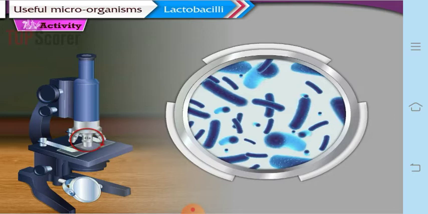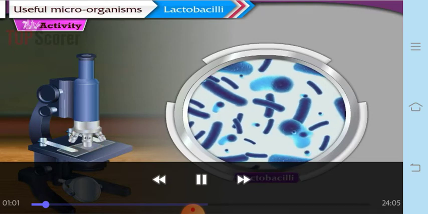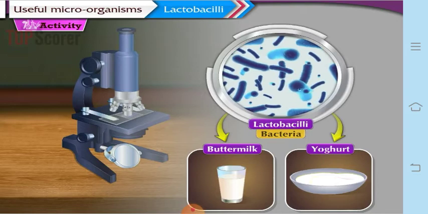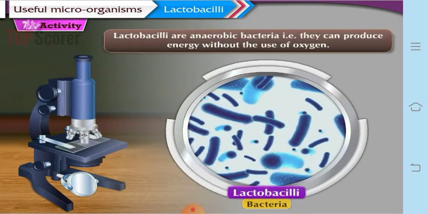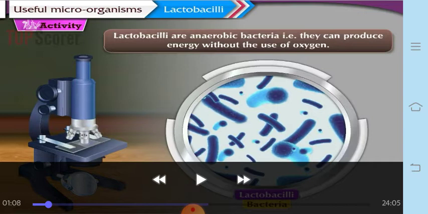Bacilli actually means rod shaped. So these are rod shaped bacteria which are seen under the microscope. They are very minute and rectangular in shape, or rod shaped. They are present in the curd or maybe buttermilk.